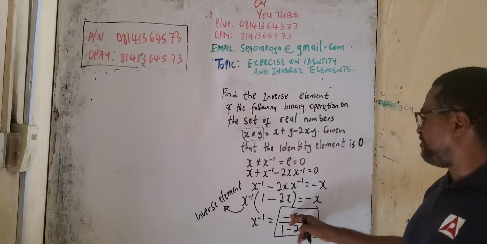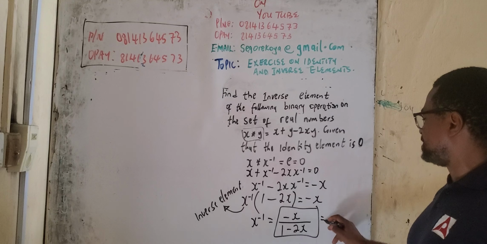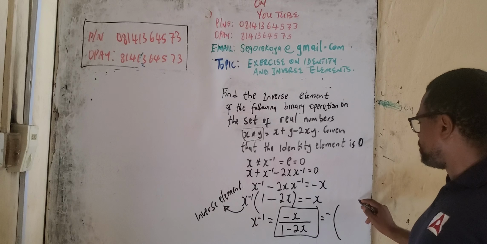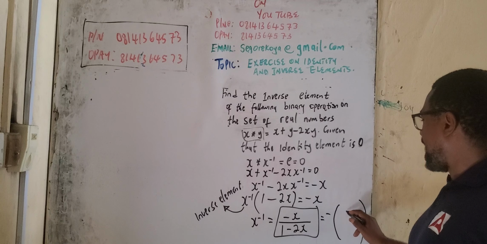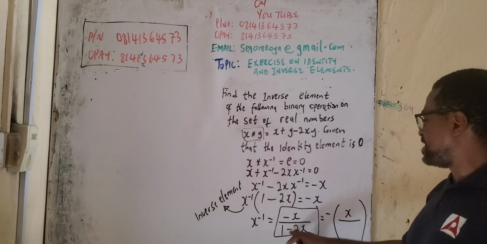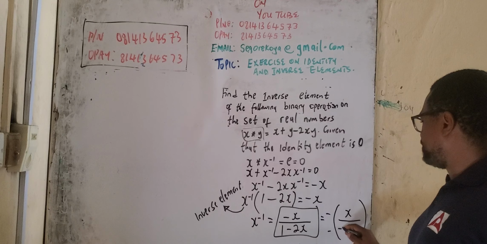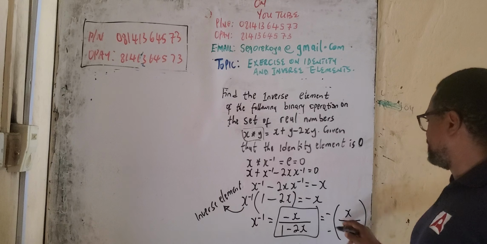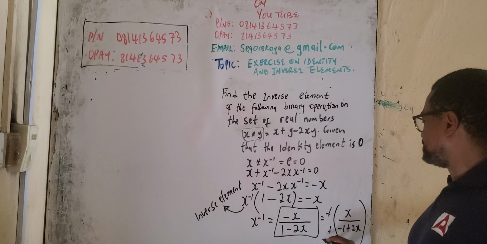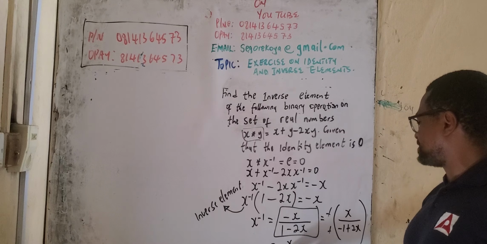This expression, we can factorize minus out, and it can also be written as minus bracket. When I factorize minus out here, I'm left with x. When I factorize minus out here, I'm left with minus 1 plus 2x. So this minus up cancels this minus down, and I'm left with x all over.